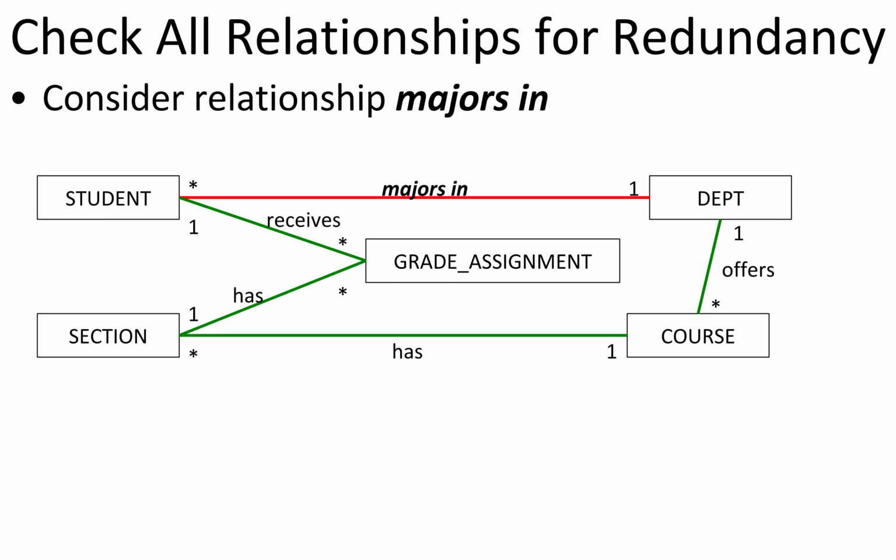I would have to capture it somewhere else, maybe in the grade assignment somehow, pointing to the department. Perhaps that might be an alternative. So even though this is a cycle, I should not remove it, because then I would not be able to answer one of the queries, what student is in a particular department.